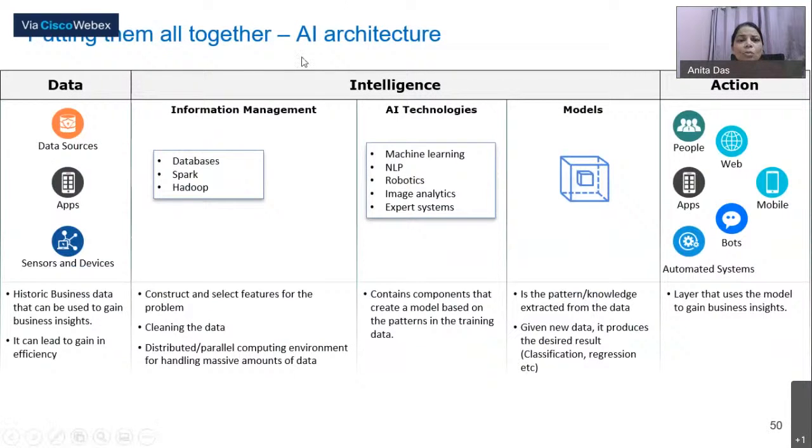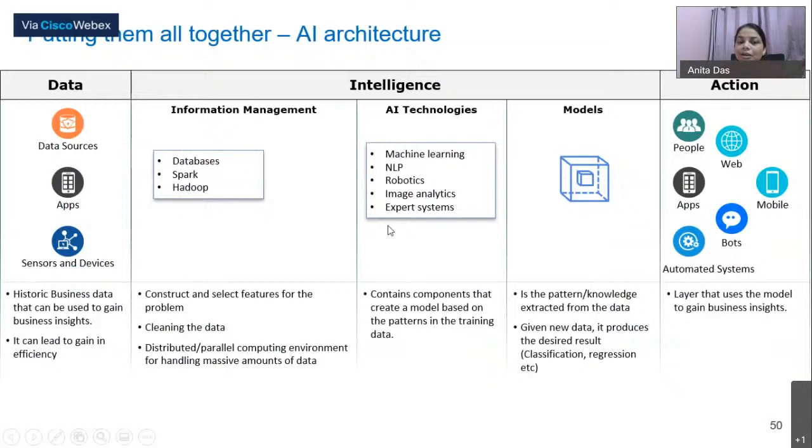Similarly, when I talk about AI architecture, this is also the same, but here it may so happen that your data is big, right? So first you collect the data, which can come through various sources. Then you need to manage the data, information management. Maybe you can talk about various databases or parallel distribution, the Hadoop kind of structure, in which you can store the data.